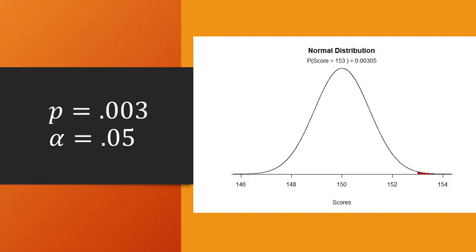So what did we have with our data? We had a p of 0.003, and we had set alpha at 0.05. So we will reject the null hypothesis. We will look at this picture and say, if the null hypothesis is true so that this picture represents the sampling distribution of means, then we got a mean that was very, very unlikely to be obtained.